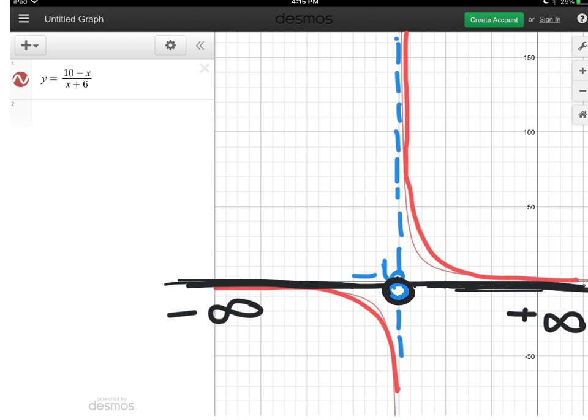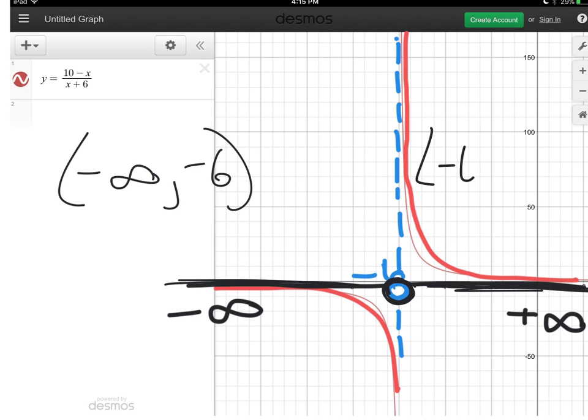So how do we write that? Well, we say everything from negative infinity up to -6. We do a soft bracket because it's not actually allowed to be -6, and I'll show you why in a second. And then on this side, you're allowed to be everything above -6 all the way up to positive infinity.